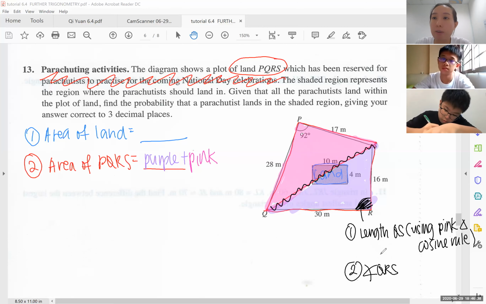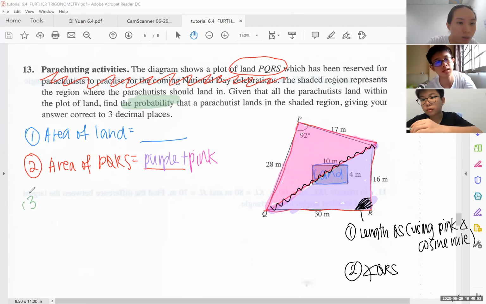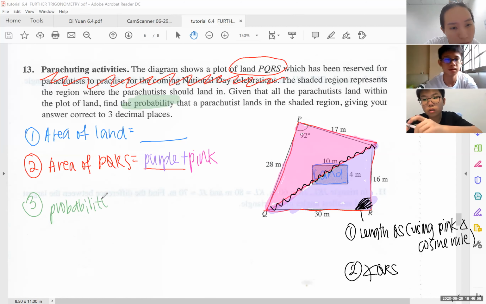Then after that, do you think you can find your pink and the purple one and then add up together? But what's the question asking for? Probability. Do you all still remember how to do probability from set 2? How to find probability? What's the formula? Probability is the total.